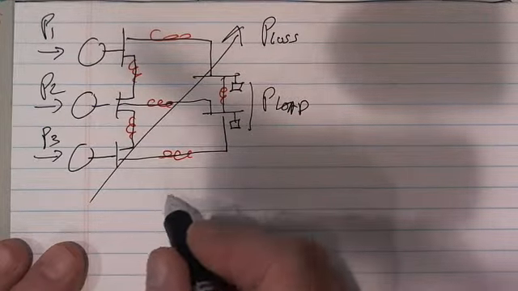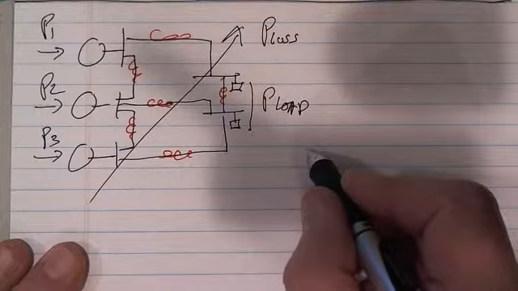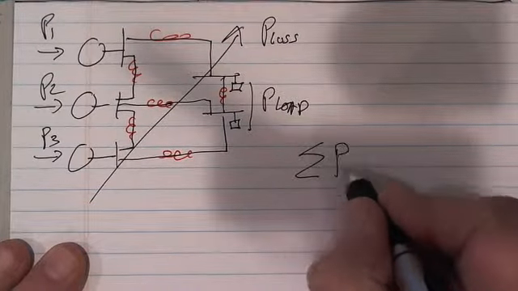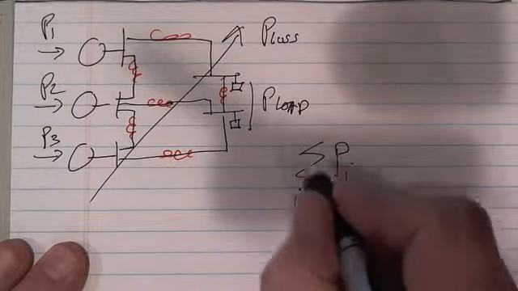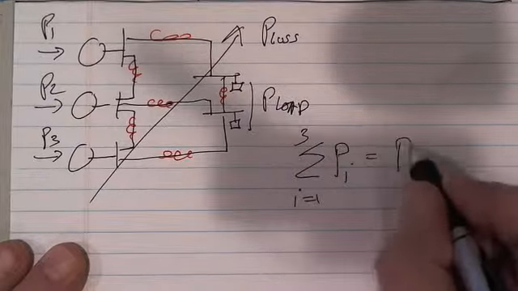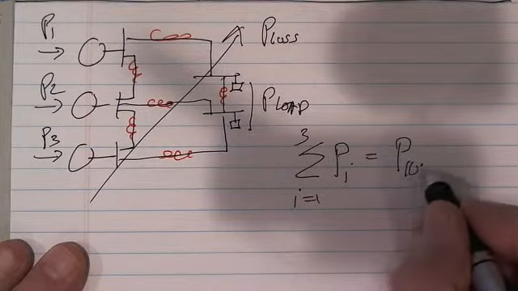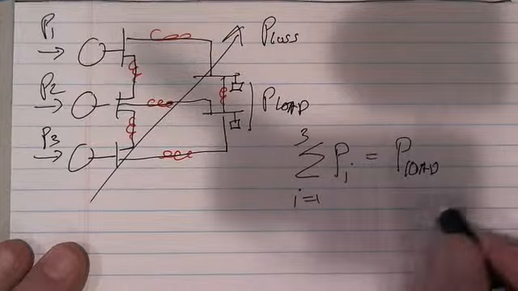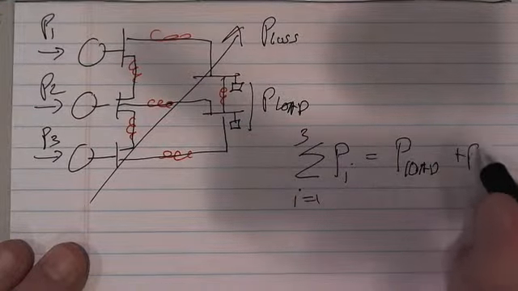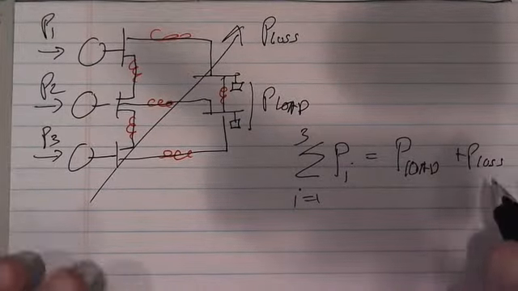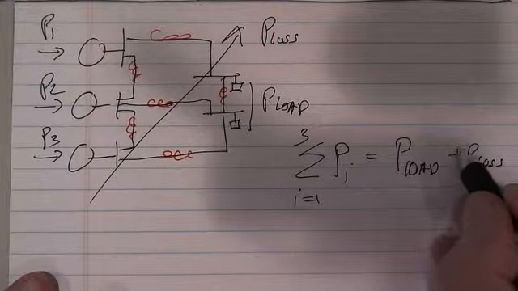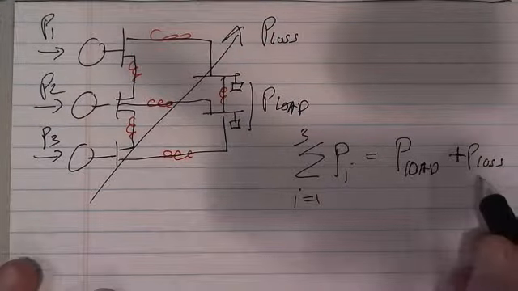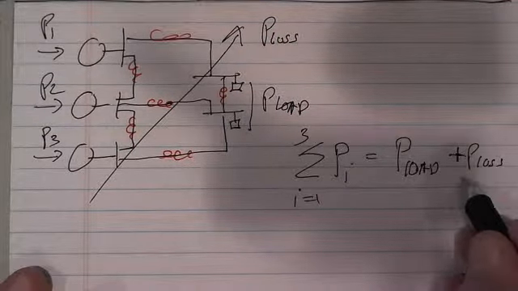All right. So now we want to say that the sum of the P sub i, i equals 1 to 3, is equal to P load, like we did before, plus P loss. And the problem is that this is variable.